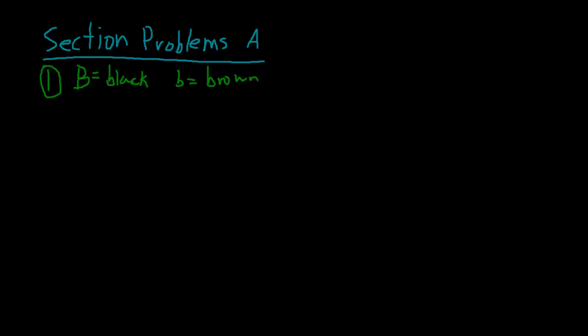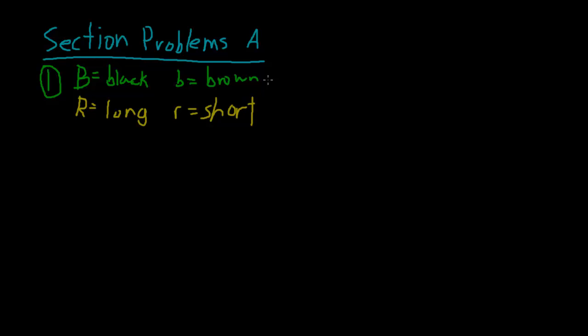Okay. So the next part says, for an independently assorting gene, the dominant allele big R causes long fur and the recessive allele little r short fur. So I have it sorted out. Big B is black, little b is brown, big R is long, little r is short.